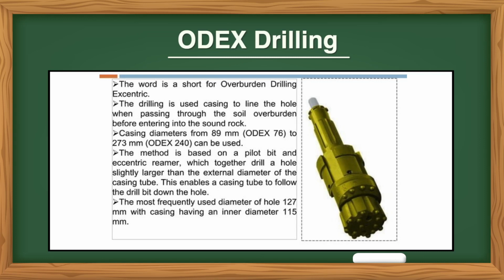The method is based on a pilot bit and eccentric reamer, which together drill a hole slightly larger than the external diameter of the casing tube. This enables a casing tube to follow the drill bits down the holes. The most frequently used diameter of hole is 127 mm, with casing having an inner diameter of 115 mm.